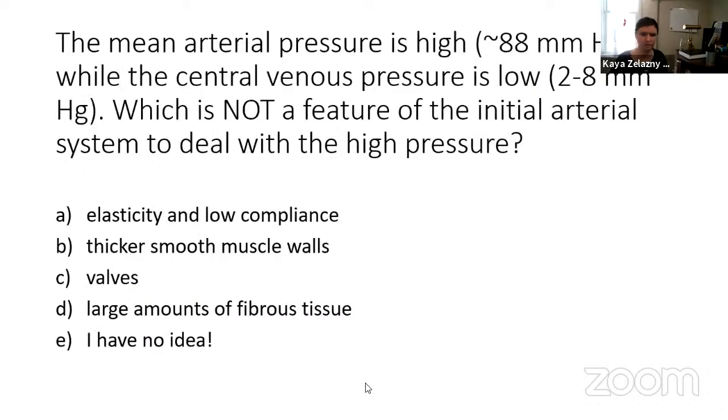Okay, we can do this. So one more poll question. We're thinking about the anatomical features associated with high pressure.